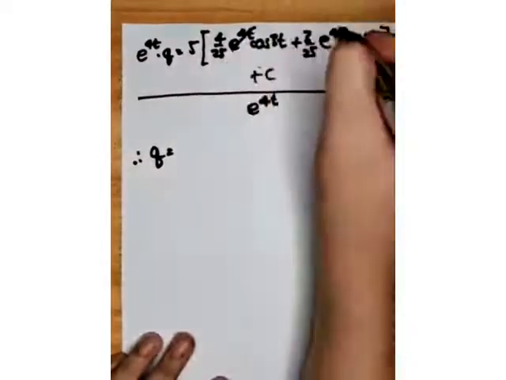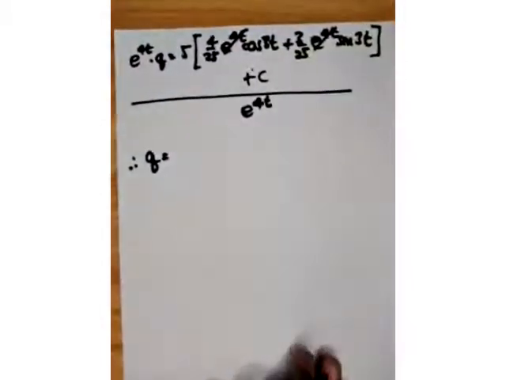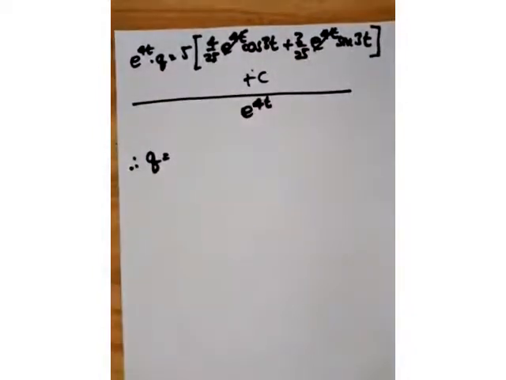cancel this and cancel that. What's 4 over 25 times 5? 4/5.